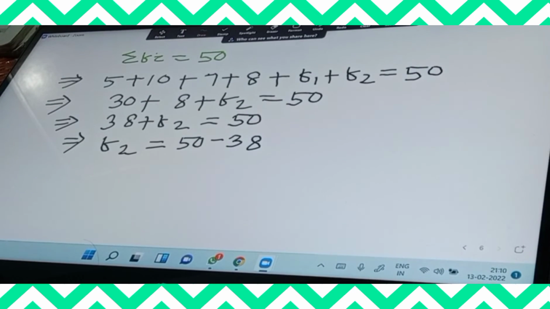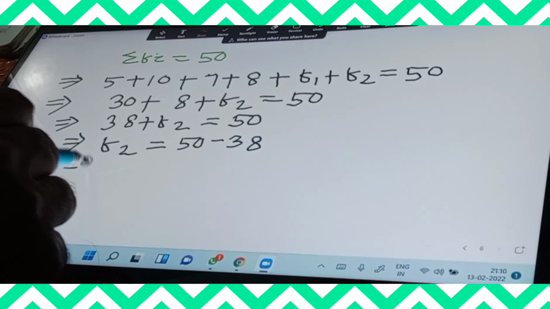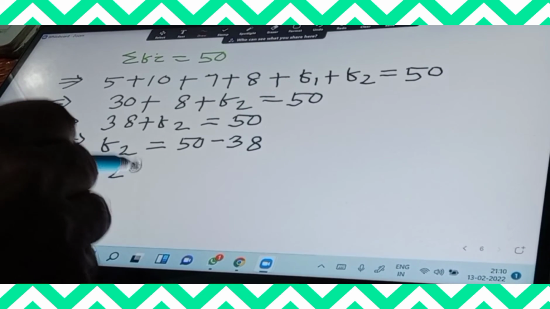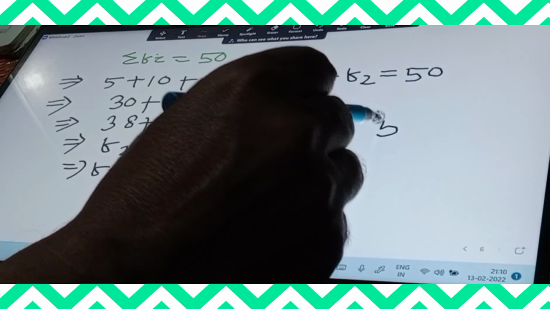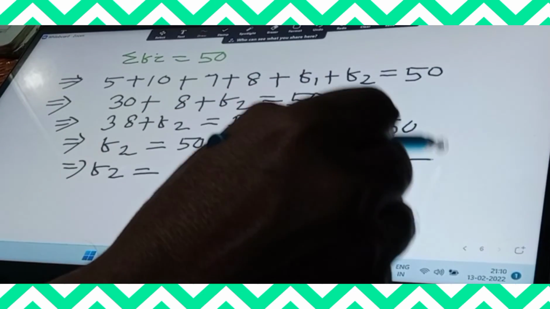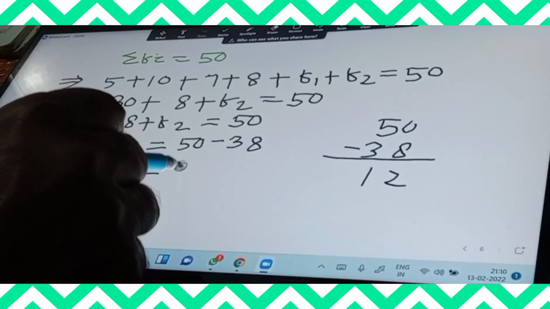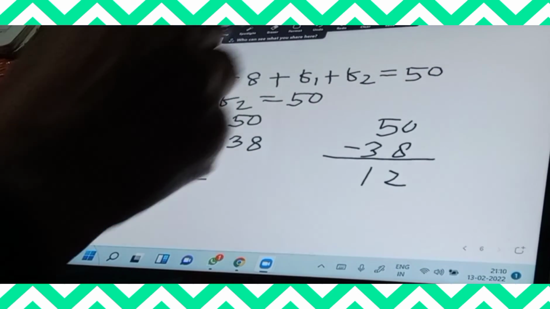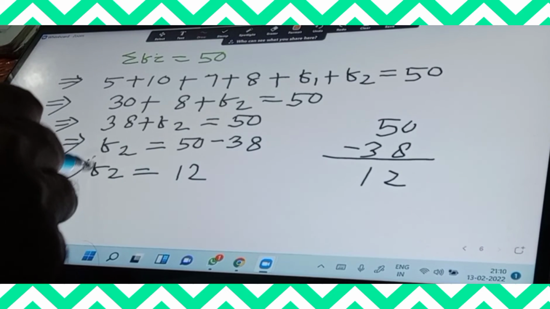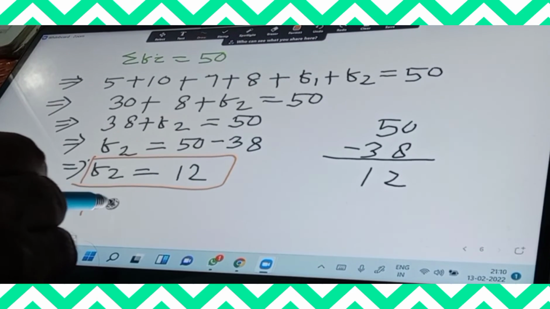Here 10 minus 8 is 2, 4 minus 3 is 1, which is 12. So we got the frequency f2 is equal to 12, and f1 is equal to 8.